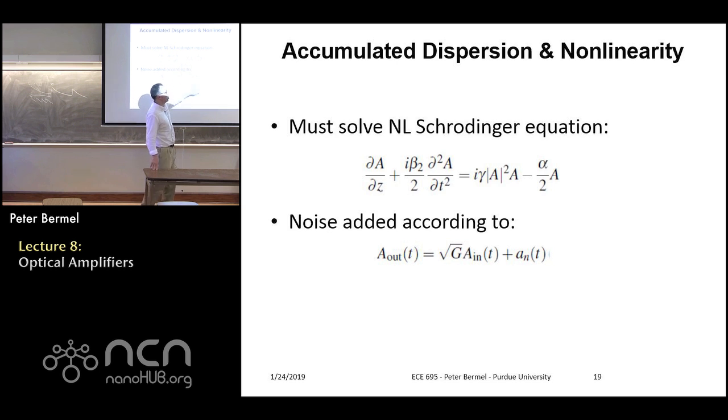Gamma is a measure of the self and cross-phase modulation of the system. And then alpha is a measure of the loss. So the nonlinear Schrodinger equation lets you combine the effects of loss, dispersion, frequency modulation, and propagation down the axis all into one equation.